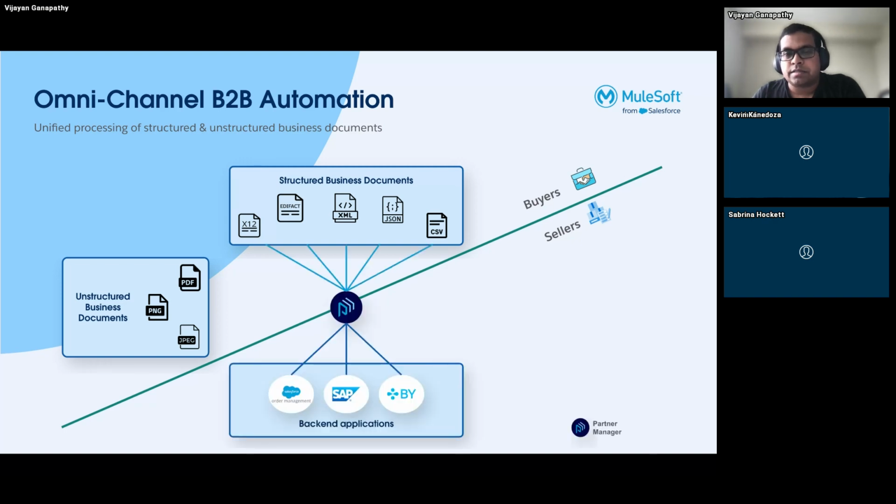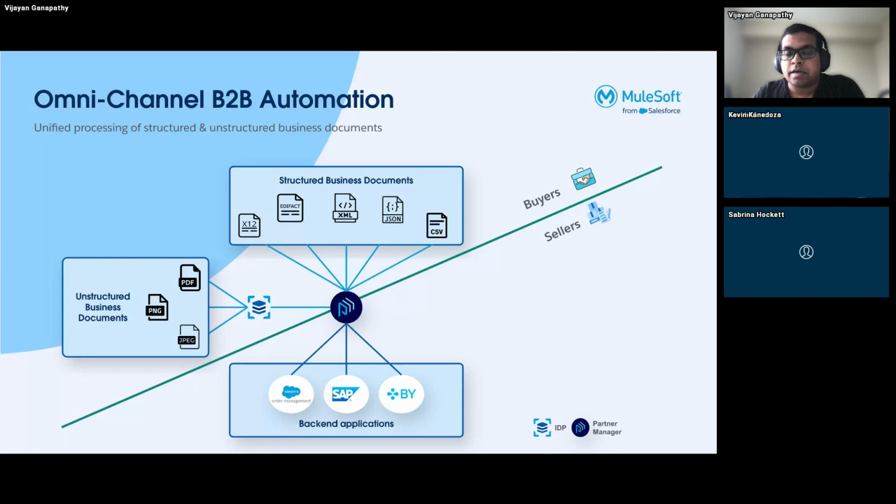With Partner Manager, as you've probably seen in the previous sessions, Partner Manager is purpose-built to handle EDI transactions, and it can also handle XMLs and JSONs and CSVs to process those transactions, apply dynamic transformations and validation rules, and deeply interconnect with your backend systems, whether it's order management platforms like Salesforce Order Management, or ERPs like SAP or Oracle, or if we have the need to connect with warehouse management systems like Blue Yonder. So it is able to orchestrate a lot of those integrations, enabling a very consistent and unified experience of managing business transactions.